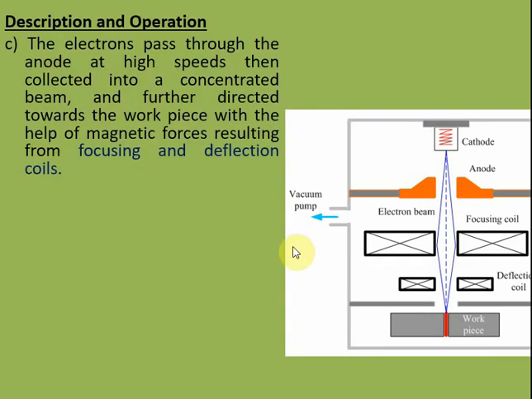The electrons passing through this anode are focused and concentrated using electric coils. One is a focusing coil and one is a deflection coil.